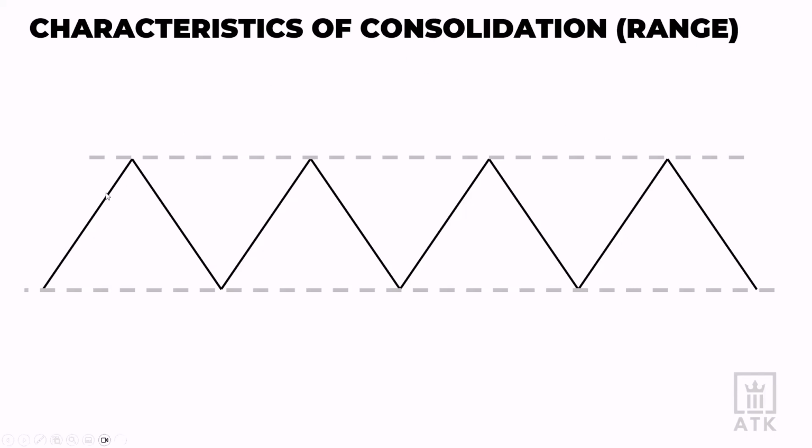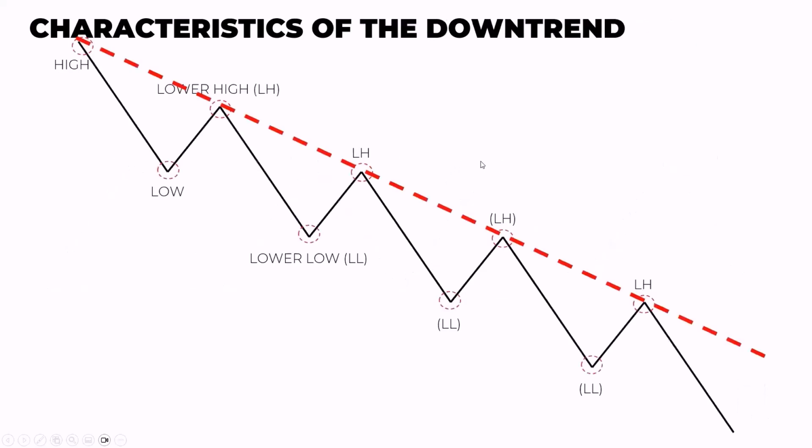And so if you identify that price is in a range and price is right here, you're going to wait for it to hit the top or bottom. If you're in a downtrend and price is in the middle, you're going to wait till it's either at the lower peak or the top peak.